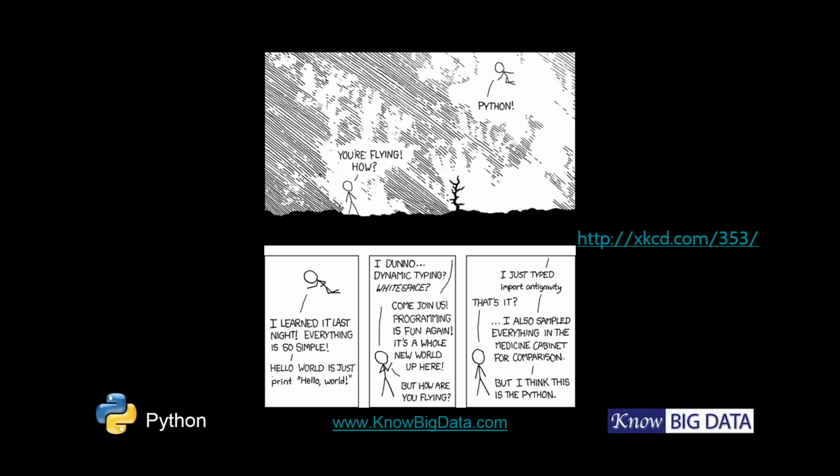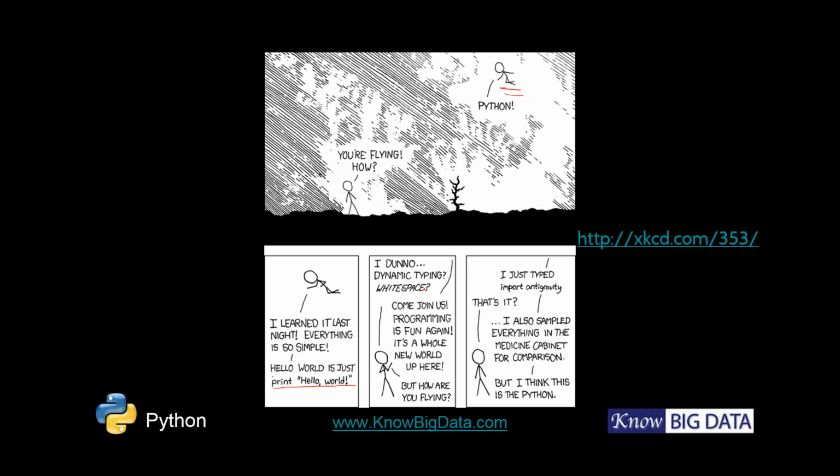Now some fun part. This person says, how are you flying? How? You're flying. How? That guy says, Python. I learned it last night. Everything is so simple. Hello world is just print hello world. Now this guy is saying, I learned it last night.